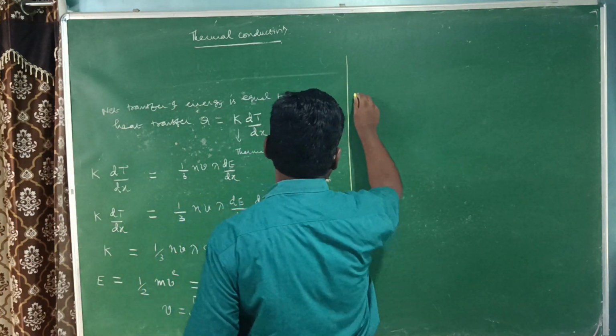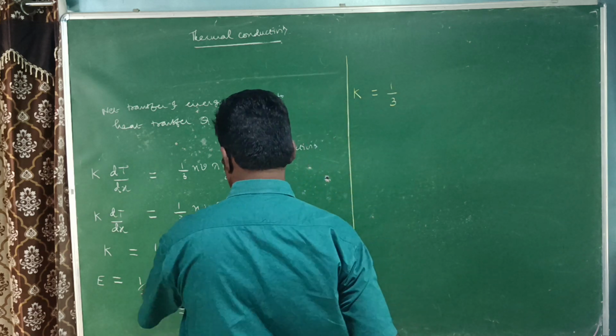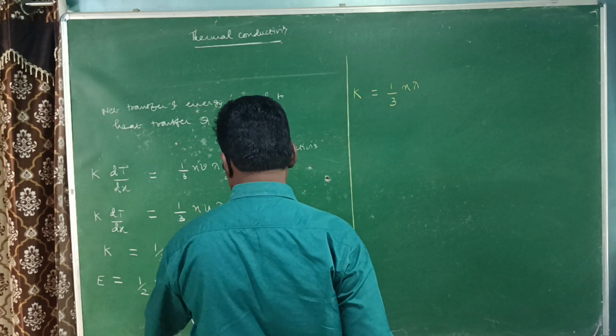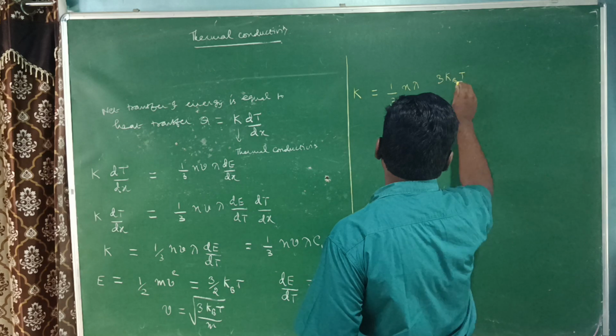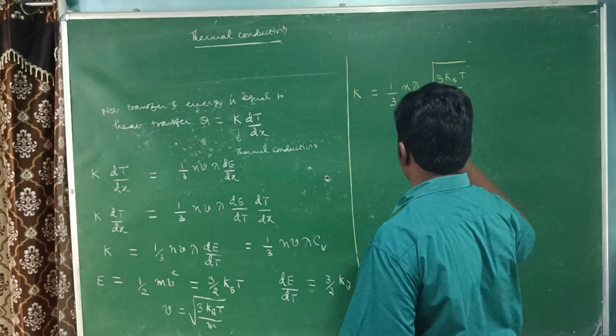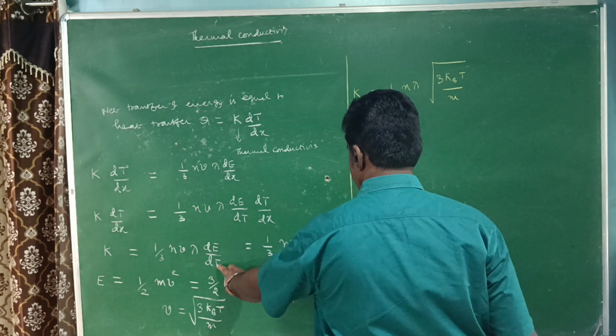Take this equation, k equal to 1 by 3 n lambda, then the value of c_v is 3 k_B T divided by m inside the root. This is multiplied by d by dT.